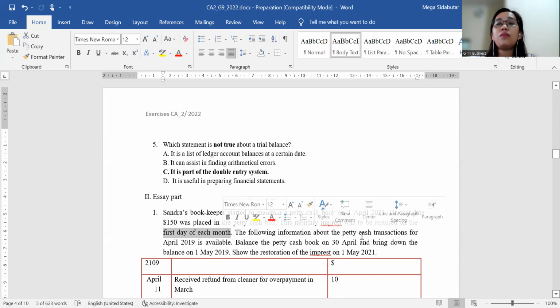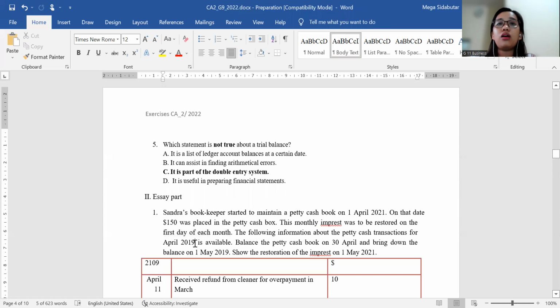The following information about the petty cash transactions for April 2021 is available. Balance the petty cash on 30 April and bring down the balance on 1st May 2021, and restore the imprest on 1st May 2021. In short, the question asks us to make the proper petty cash book.